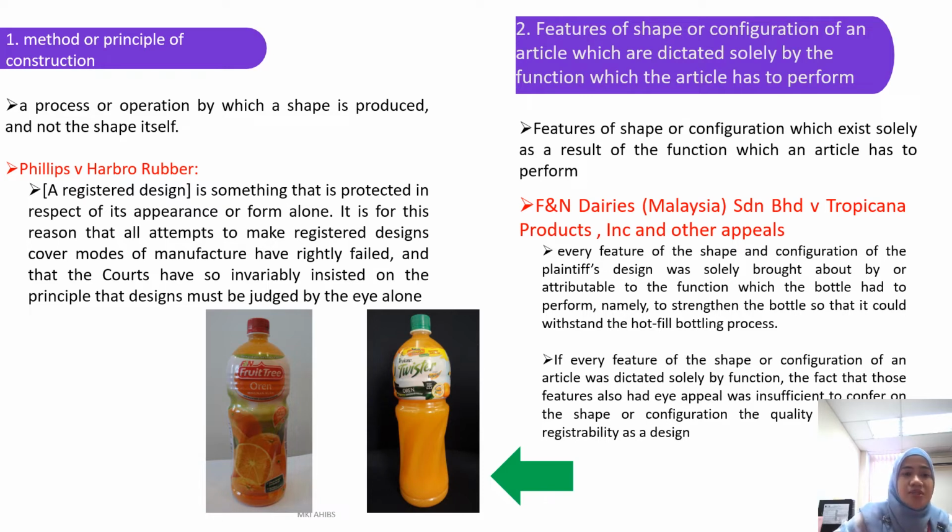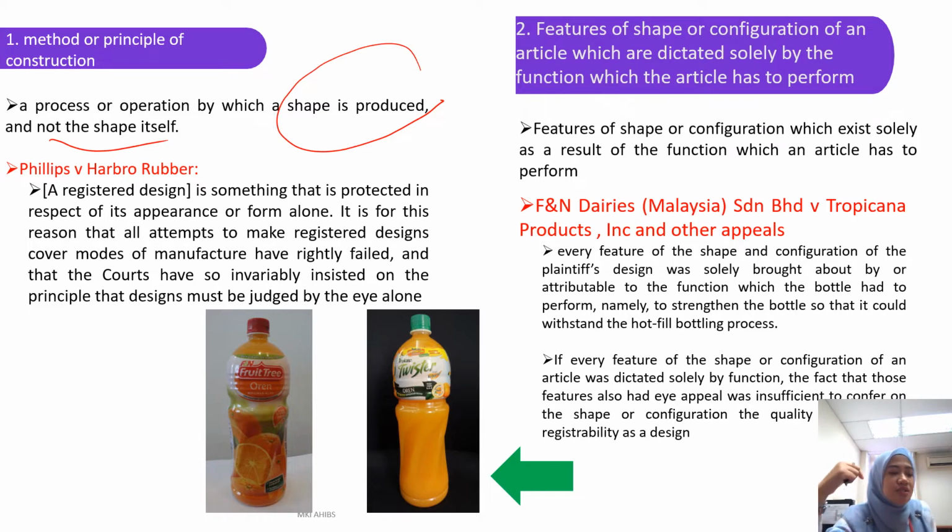Right, so first is the method or principle of construction. It is a process of operation by which a shape is produced, not the shape itself. It's not about protecting how you come up with the shape. Macam mouse ni, what you want to protect is how you come up with this mouse, not the shape itself. So can the steps be protected under ID? No, it cannot.